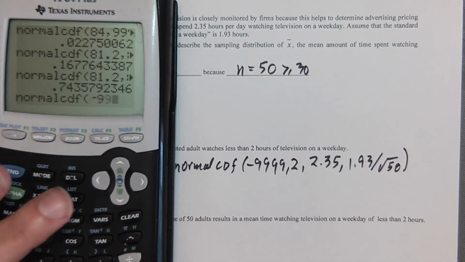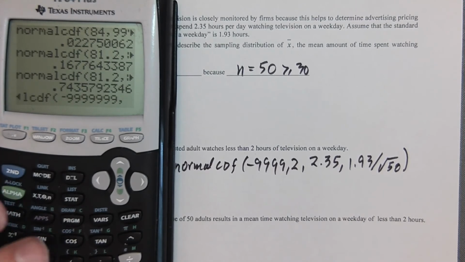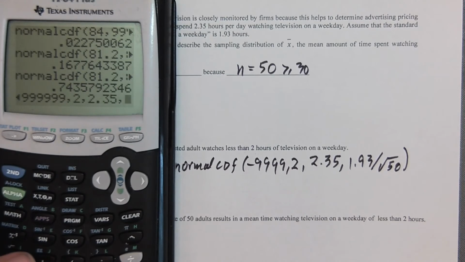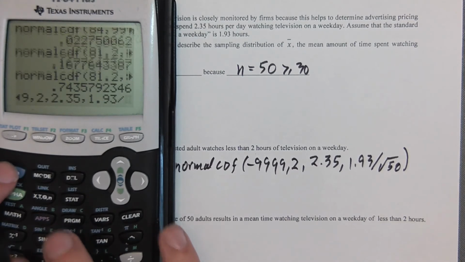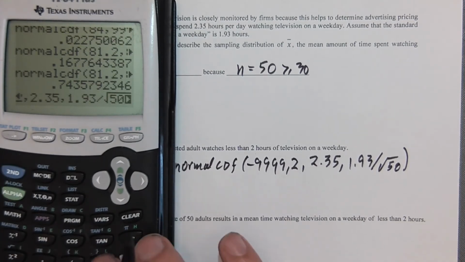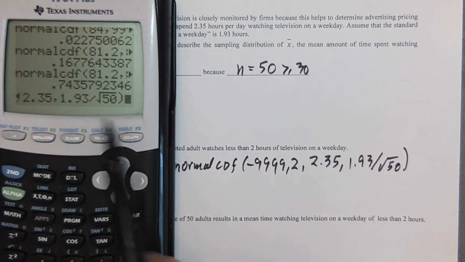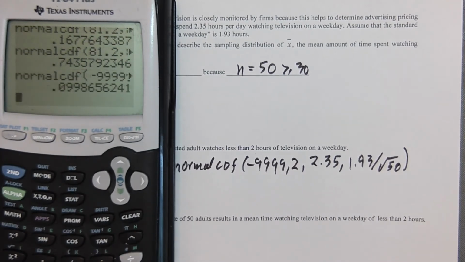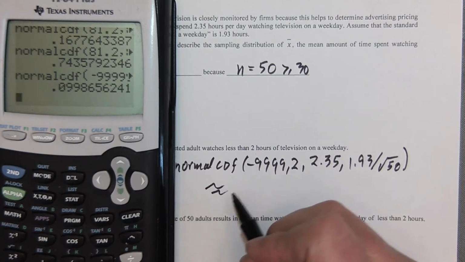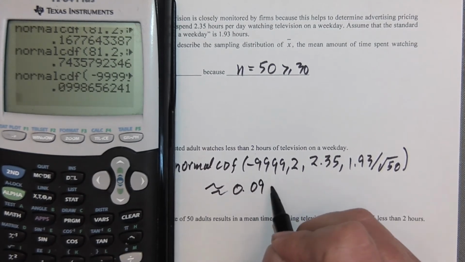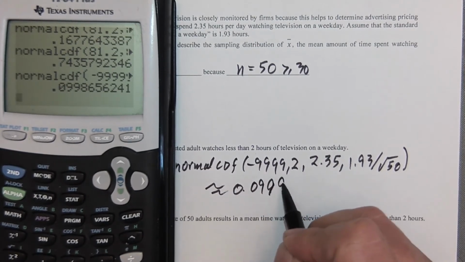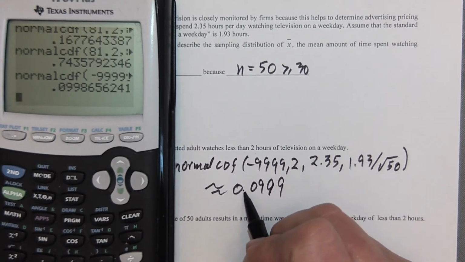So negative 99999, comma 2, comma 2.35, comma, and here we go, 1.93 divided by the square root of 50. So I put it directly in the calculator like that, and that gave us this here. Let me round it off.